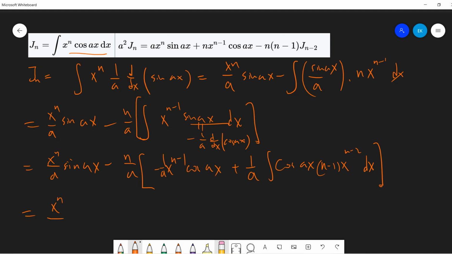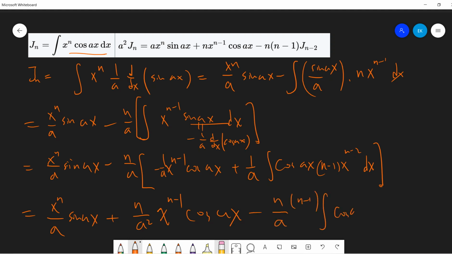So it's x^n a sine ax minus also plus n a squared x^(n-1) cosine ax minus a over n minus 2 cosine ax x^(n-2) dx.